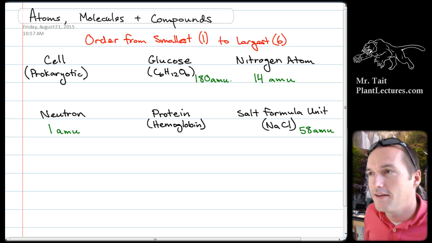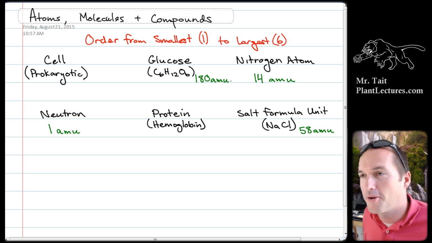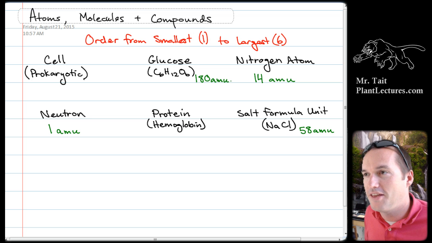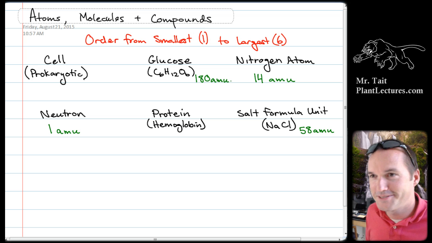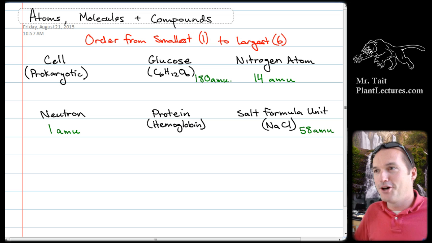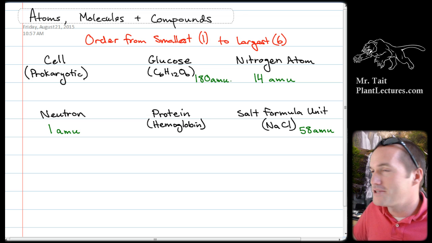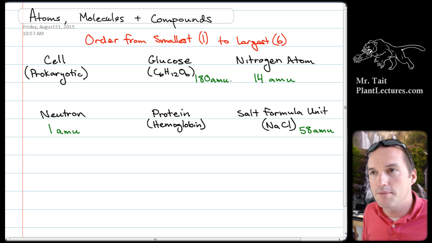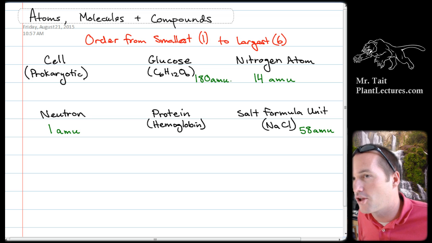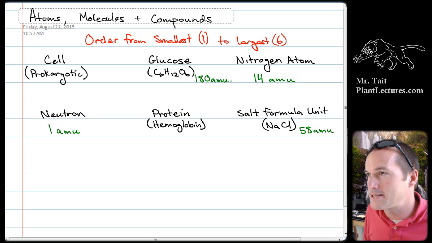Protein. So given these numbers, anybody want to venture a guess at the atomic mass of a protein? You're right to not do it. All right, so protein, specifically hemoglobin, this one's made up of 4 subunits, smaller subunits, and each of the smaller subunits of hemoglobin is around 16,000 AMU.